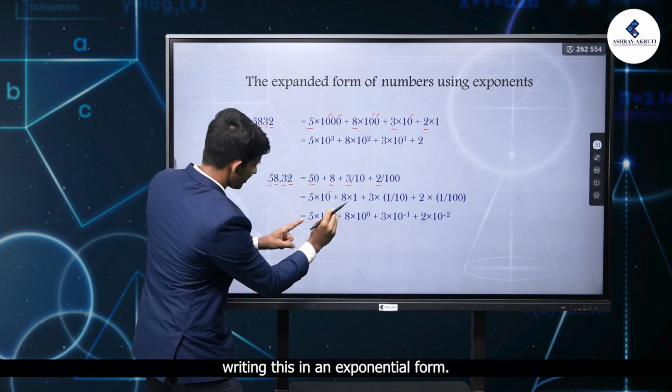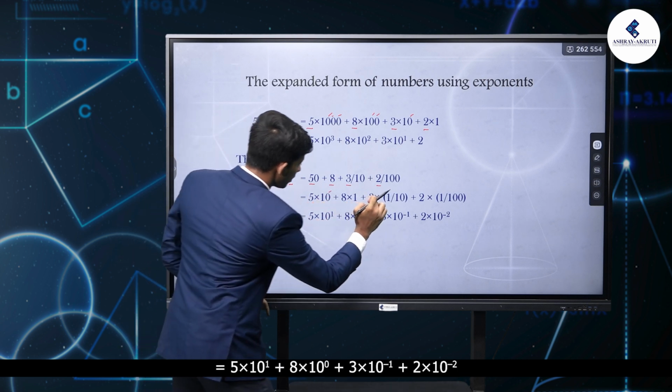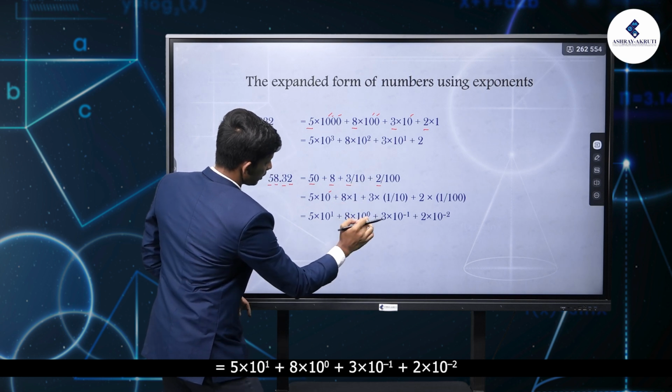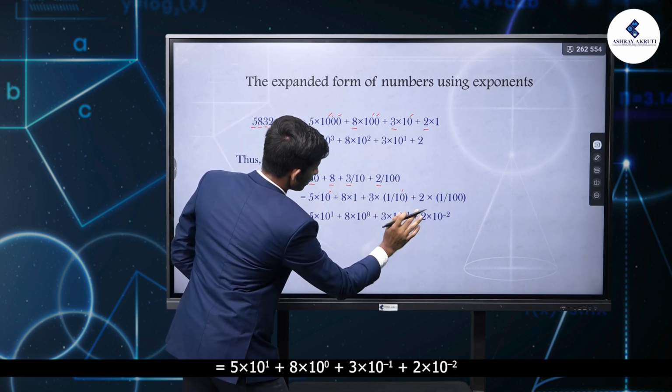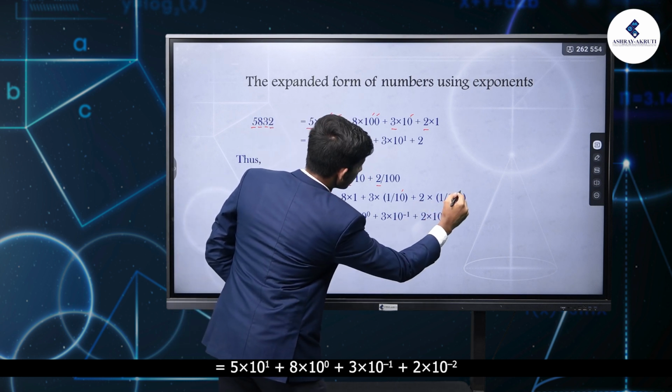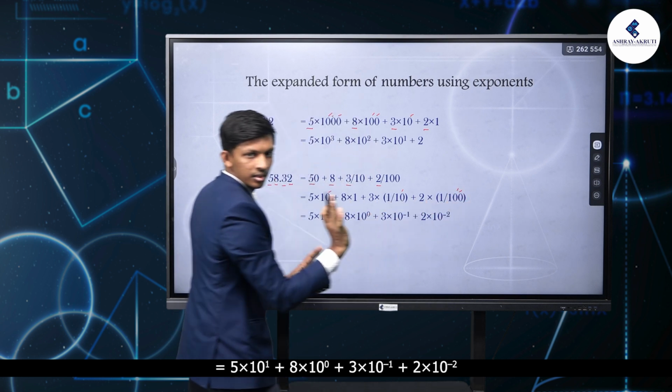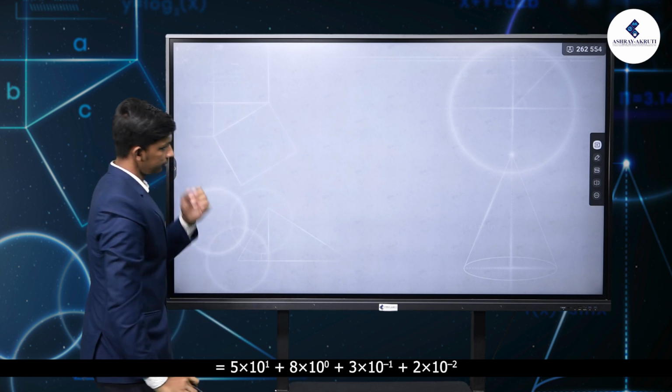Writing this in an exponential form, 5 into 10 to the power of 1 plus 8 into 10 to the power of 0 plus 3 into 10 to the power of minus 1. We bring the 10 upwards, and 2 into 10 to the power of minus 2.